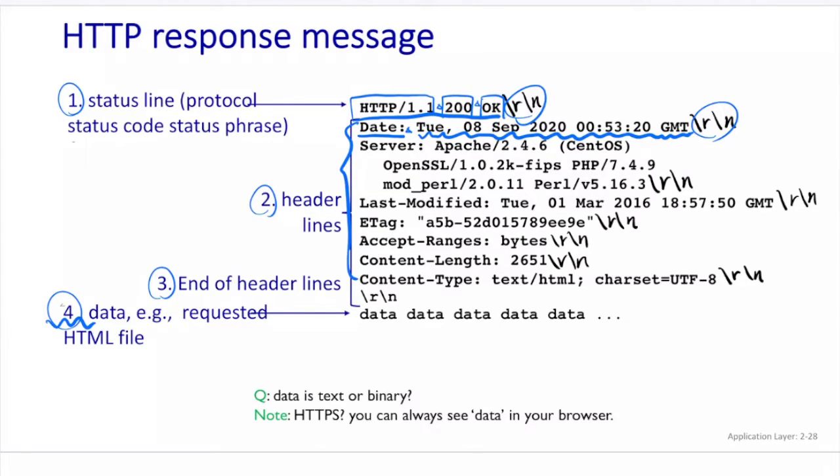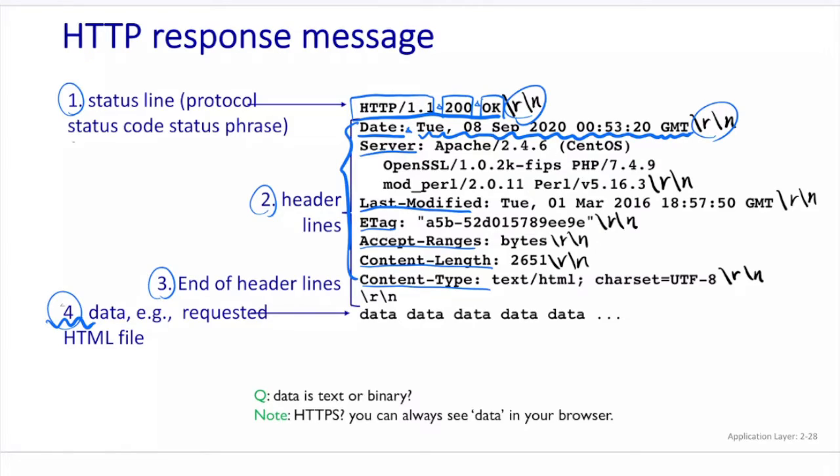Okay, but be aware that all the headers written here, date, server, last modified, e-tag, accept ranges, content length, content type, must be defined in the HTTP protocol specification. You cannot just simply add whatever you want in the header lines.